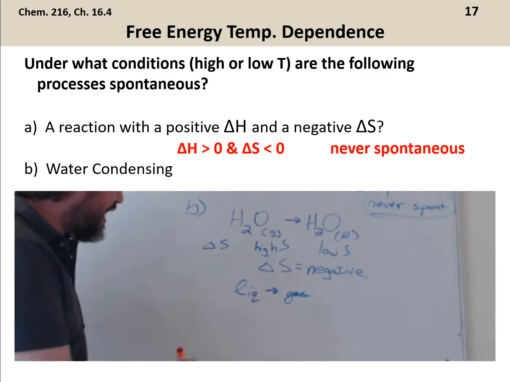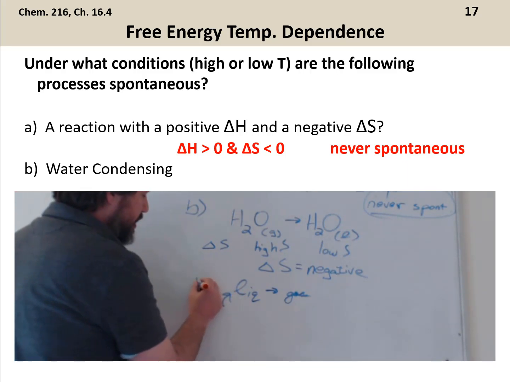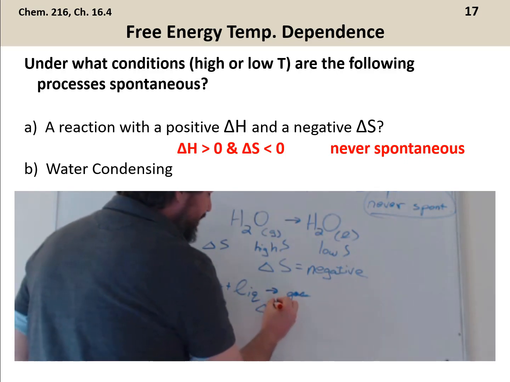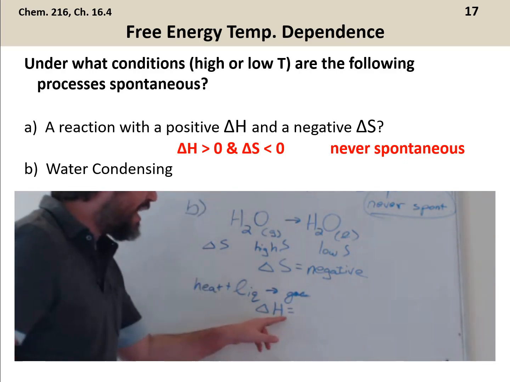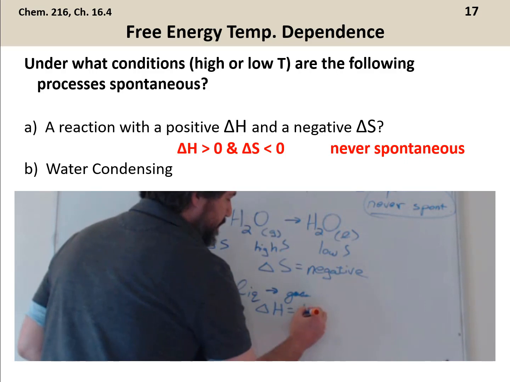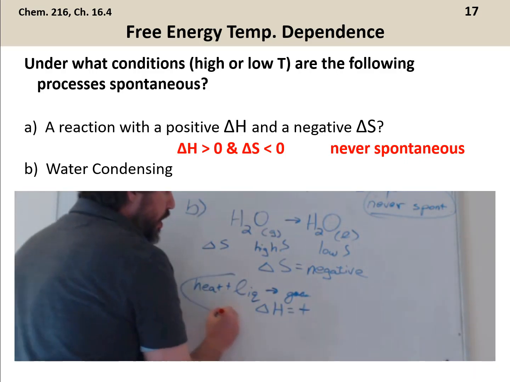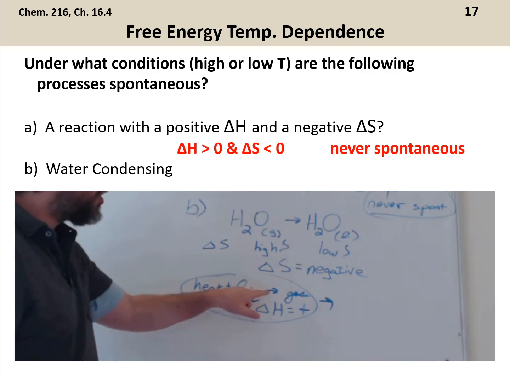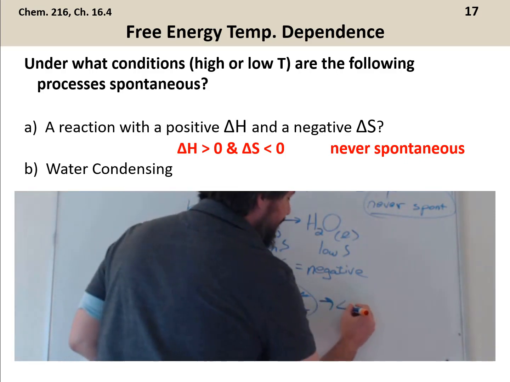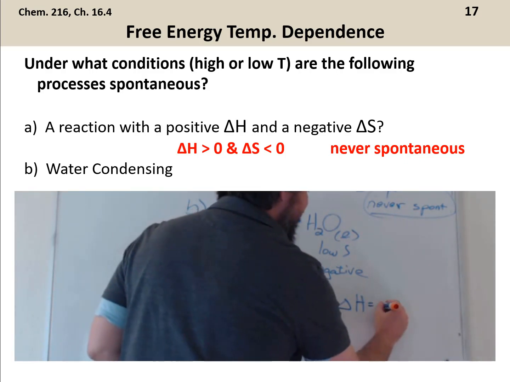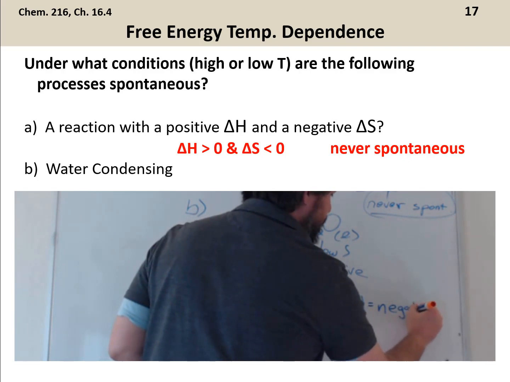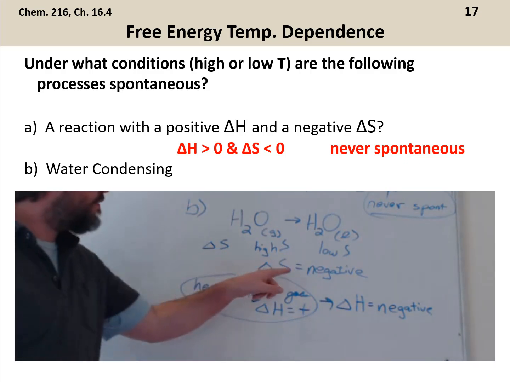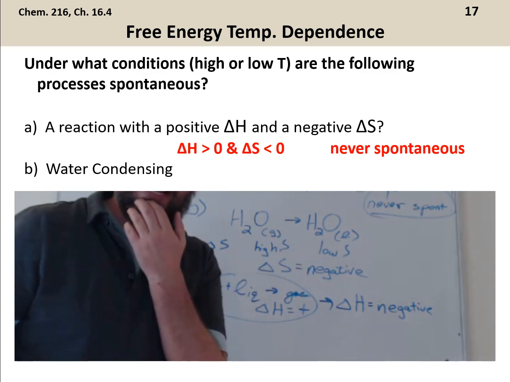To go from liquid to gas, I need to put heat into it, so that means this has a delta H that is positive. Well, for the one I'm looking at, which is the reverse of this, my delta H will be negative. So I have delta S negative and delta H negative.